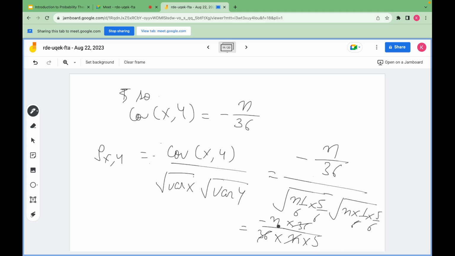This will cancel out, and the correlation coefficient will come as minus 1 by 5. I hope this is clear.